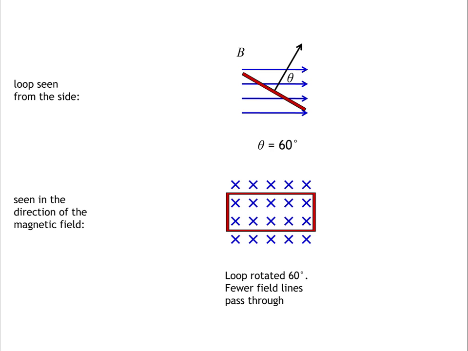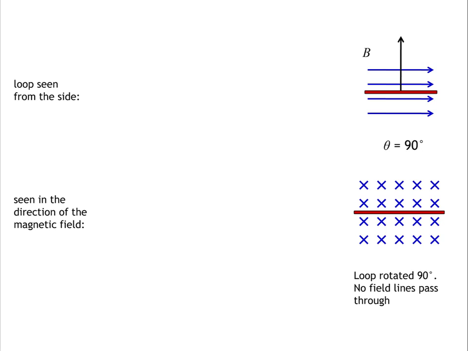It's not the maximum amount of flux because not all the magnetic field lines are passing through, but it's not zero flux either because there are at least some magnetic field lines passing through. And then again, when the magnetic field is perpendicular to the surface area, we have zero magnetic flux because of zero field lines.